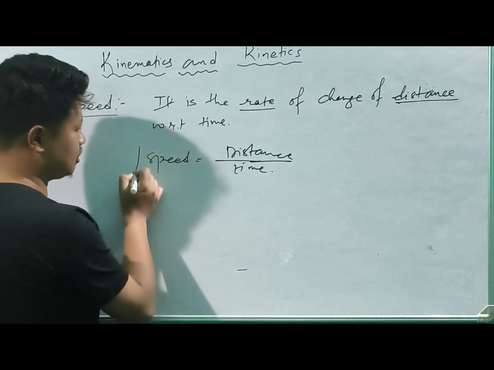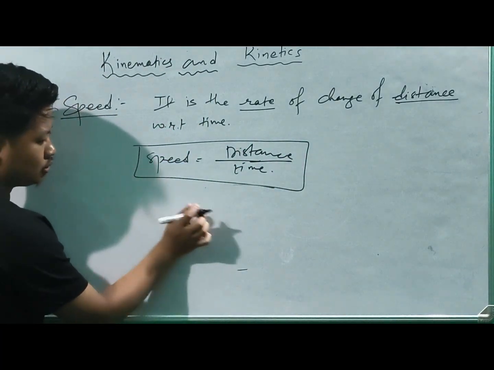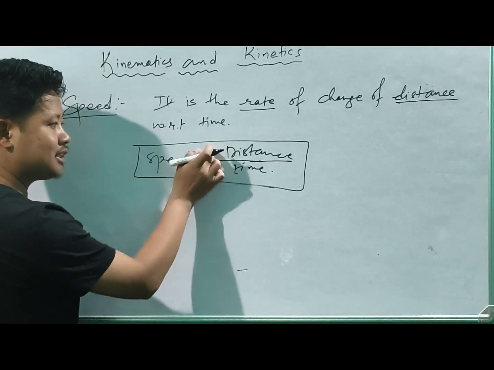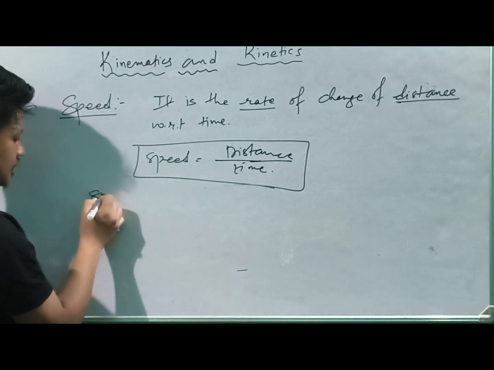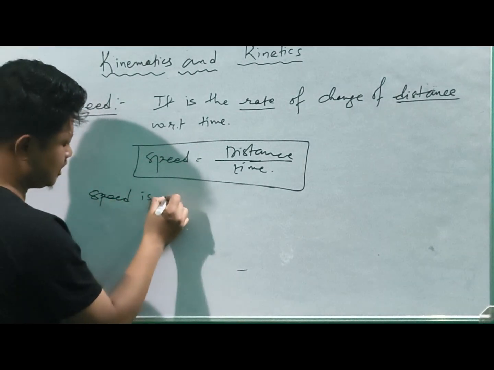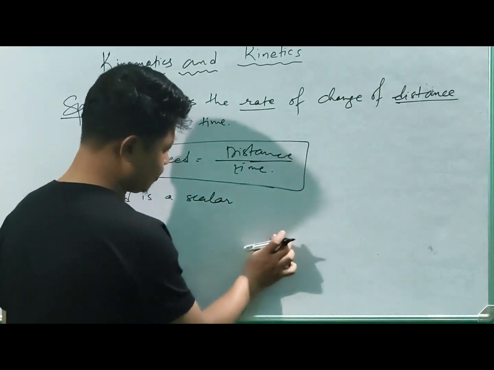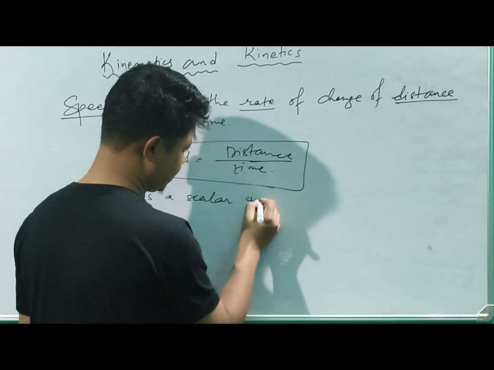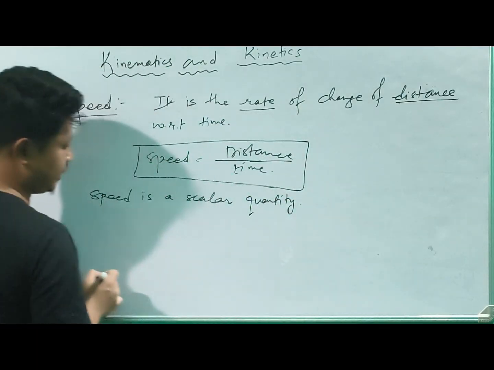That is why speed is equal to distance upon time. So if it is represented like distance upon time, and distance is a scalar quantity, so speed must be a scalar quantity, because distance is also a scalar quantity.